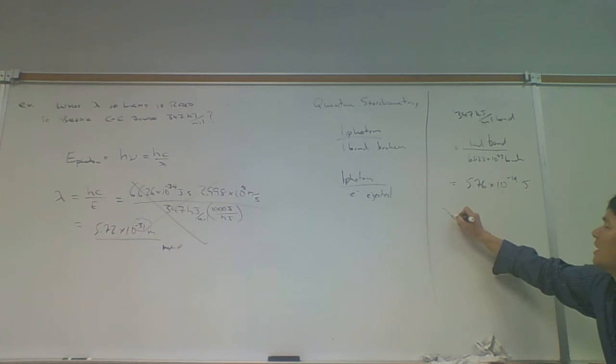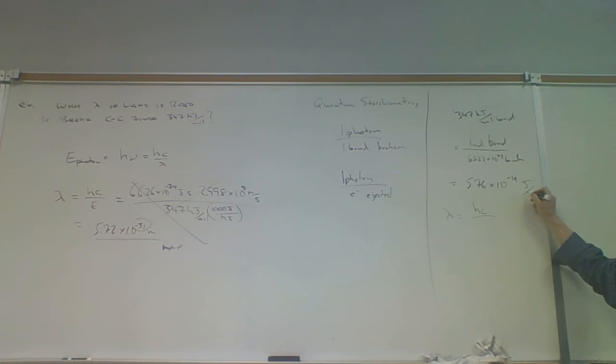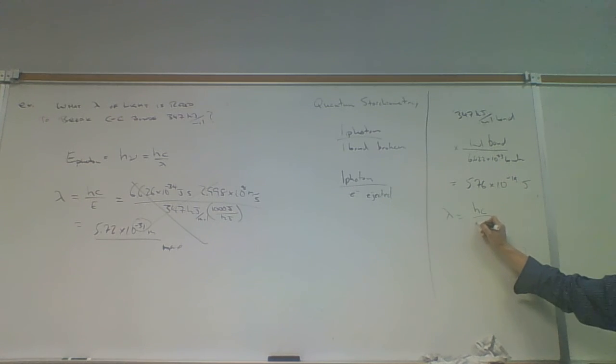So now let's redo the lambda calculation. Lambda is equal to hc over the energy, and this is joules per bond, right? And so I get 5.76 times 10 to the minus 19 joules of energy per bond.